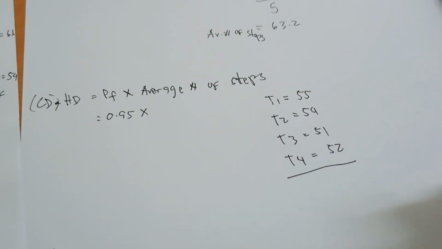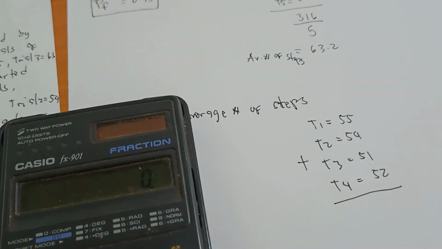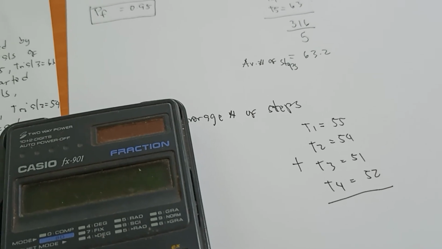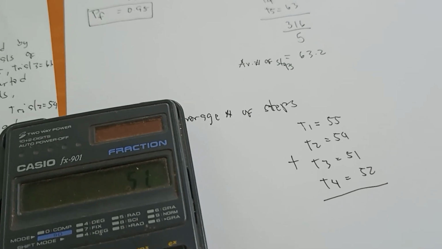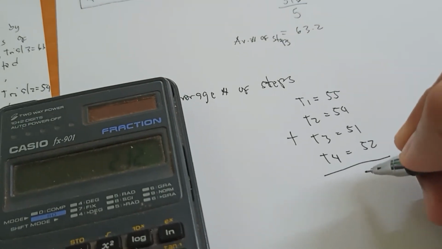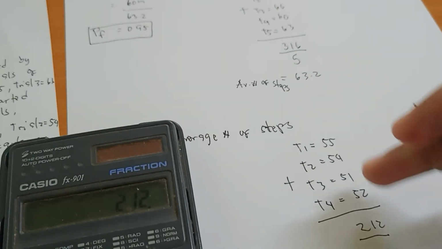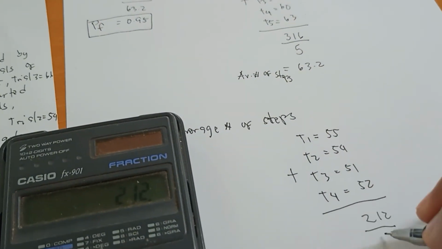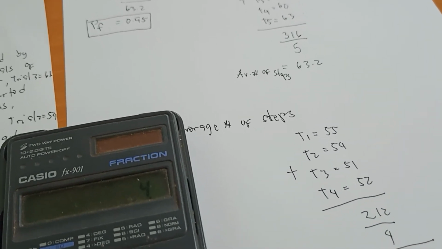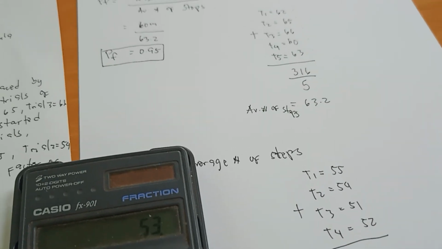Do the same as what you did earlier. Add them: 55 plus 54 plus 51 plus 52 equals 212. Divide by 4, and we have 53.